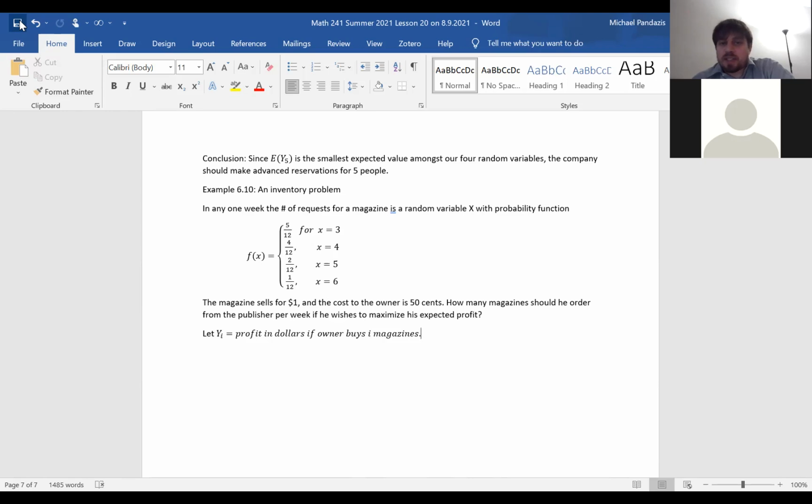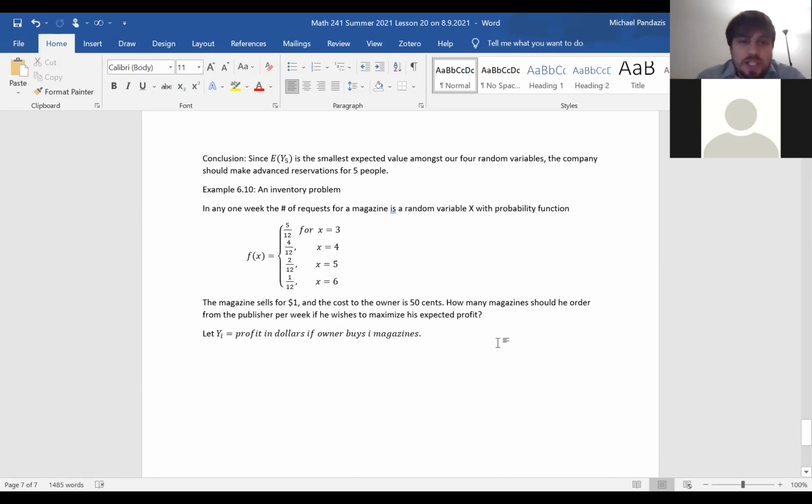Buying fewer than 3 doesn't make sense because he knows he'll have at least 3 people who will buy them. Buying more than 6 also doesn't make sense because he knows he'll have at most 6 people to sell them to. So the only numbers of magazines he should buy are 3 through 6 inclusive, to maximize his profit.